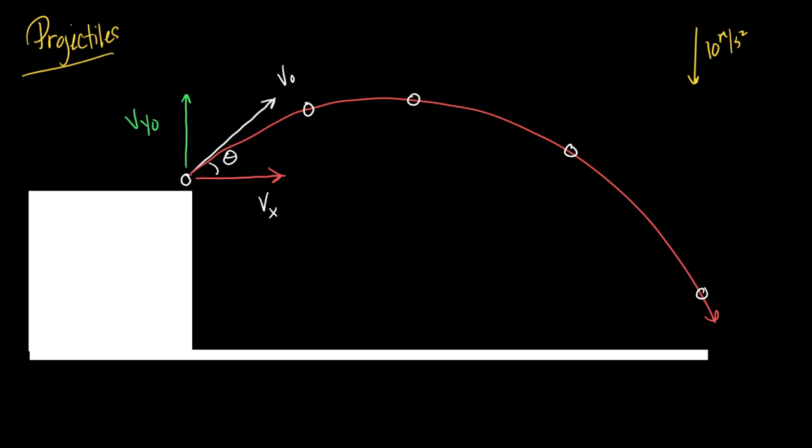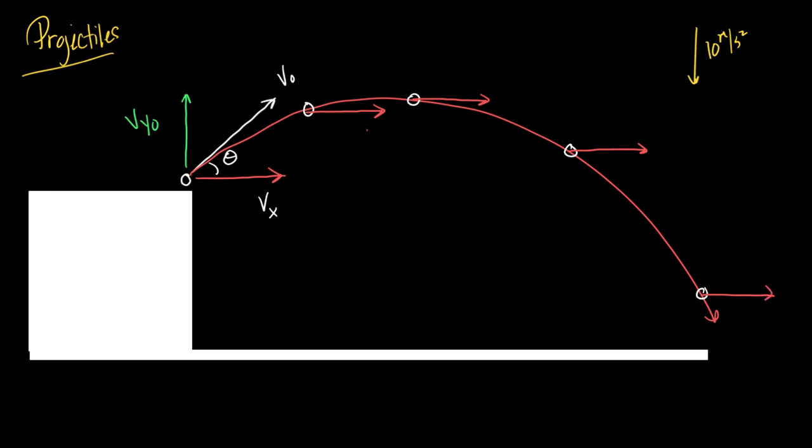It's a projectile, which means it's traveling in 2 dimensions, but is experiencing an acceleration in only 1 dimension. It's clearly experiencing that acceleration in the y direction, which means that this object's horizontal velocity never changes.